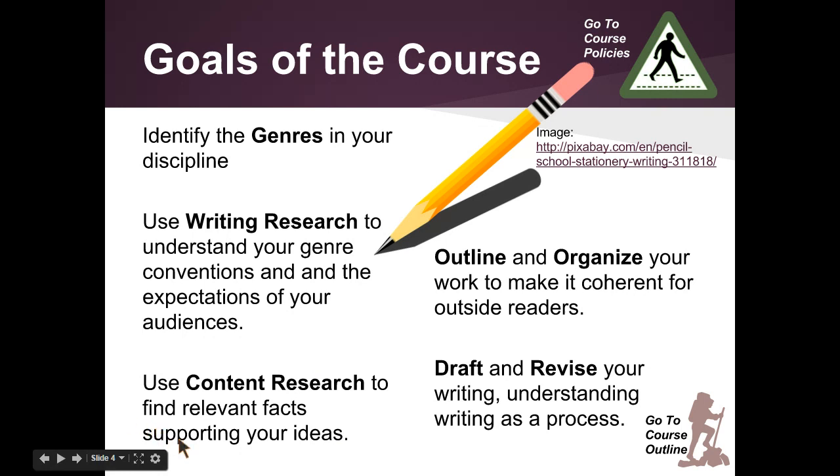In content research, you tend to focus on finding facts, finding details, and then organizing them to support your ideas. You do that with writing research as well, but with writing research, much of the quote-unquote facts or details are really more focused on how people write. What type of writing style are they using? Which types of audiences are they trying to reach?